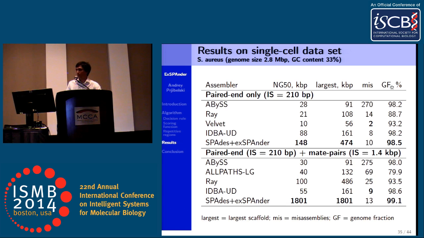As you see, we do pretty well on single-cell datasets compared to such popular assemblers as ABySS, Ray, Velvet, IDBA-UD, and even Allpaths. And when we talk about mate pairs, we assemble single-cell datasets into just 4 contigs, recovering more than 99% of the genome, and this is pretty high for a single-cell dataset.